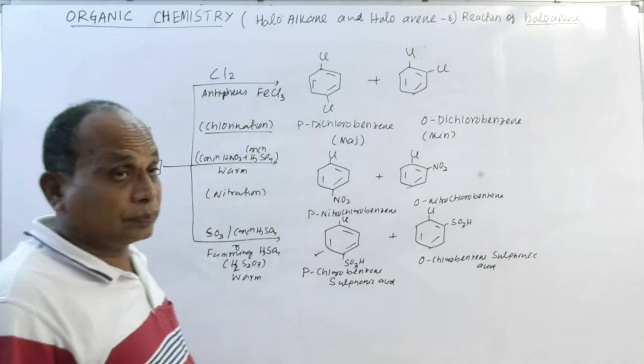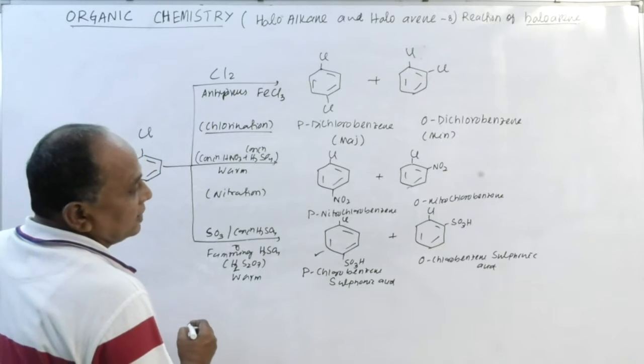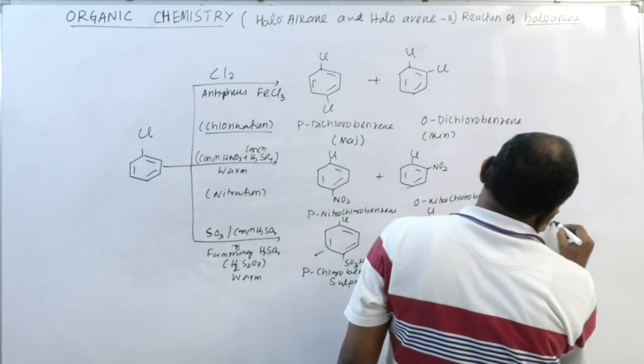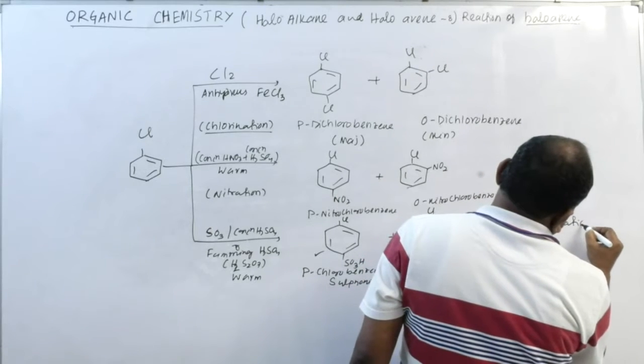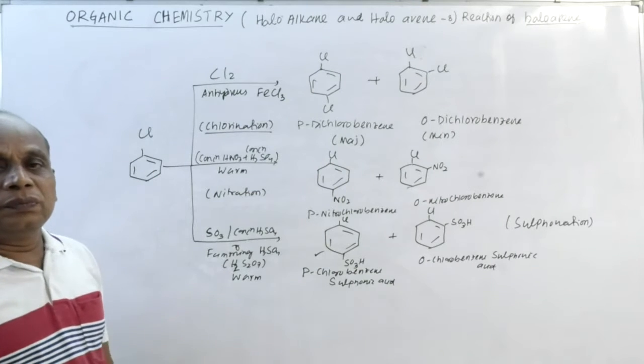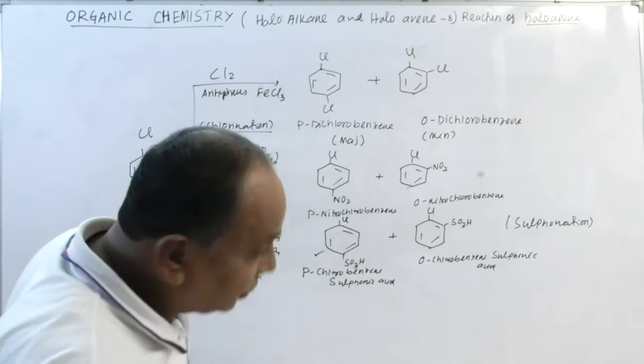And this process is called sulfonation. Okay, these are the electrophilic substitution reactions of chlorobenzene.